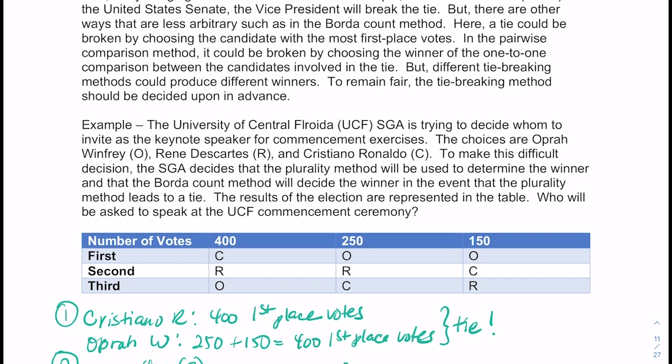Okay, I'm going to do the same thing with Oprah Winfrey. Looking at Oprah, she had 400 first place votes. In the second line, she didn't get any second place votes, and she got 400 third place votes. So if you multiply 400 times 3 plus 0 times 2 plus 400 times 1, you get 1,600 points.